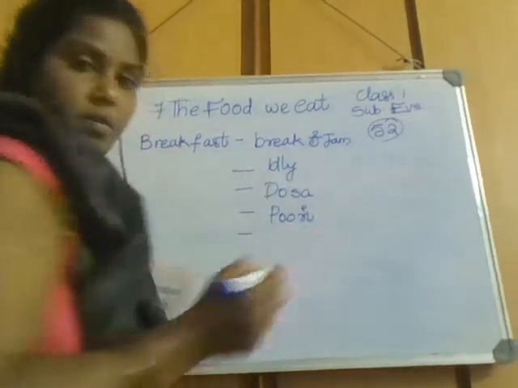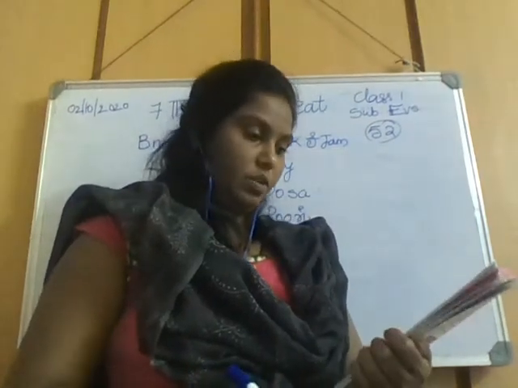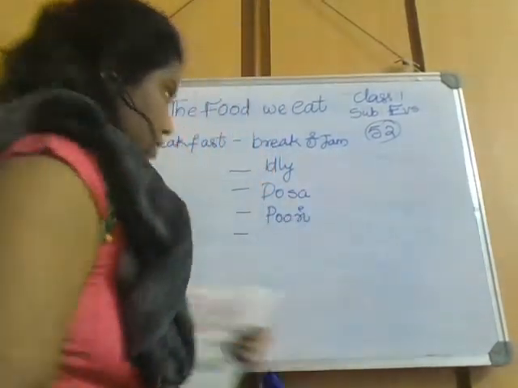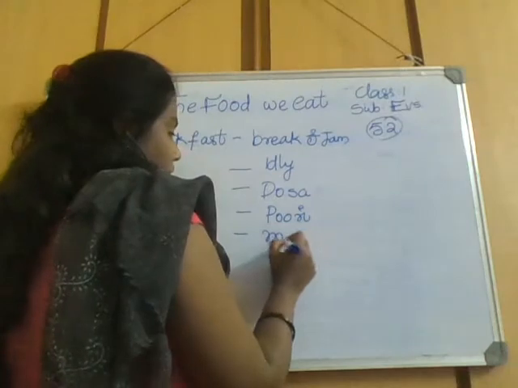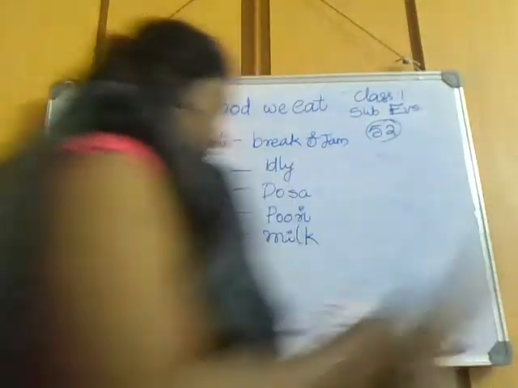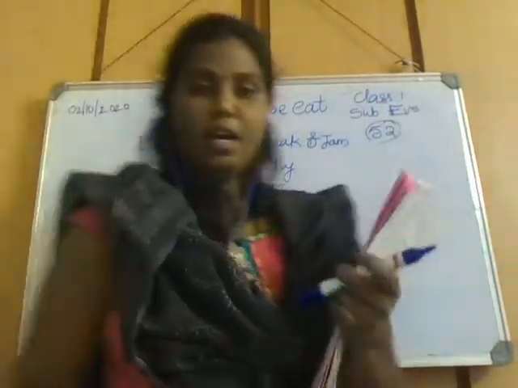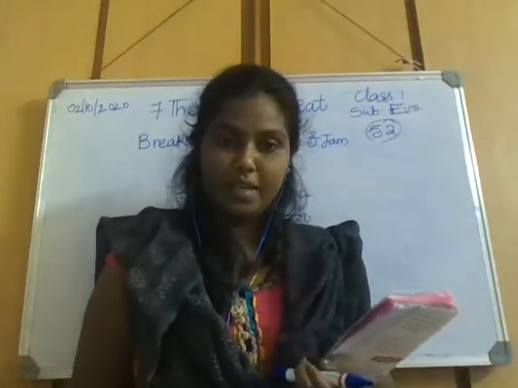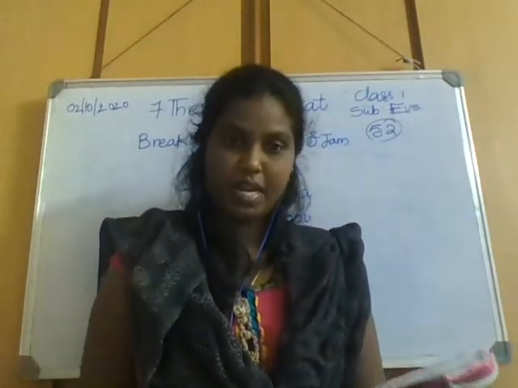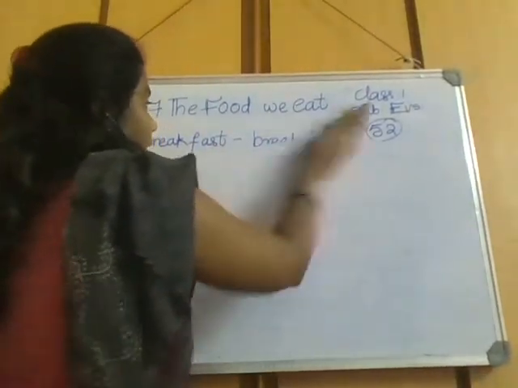Some other things we used to take in the breakfast. Along with that, we will add milk also. You can take milk at breakfast time. So this is all about the breakfast. Your favorite breakfast also will be there. If you ask your mom, she will make it for you, right? These are the food items we will include in the breakfast.